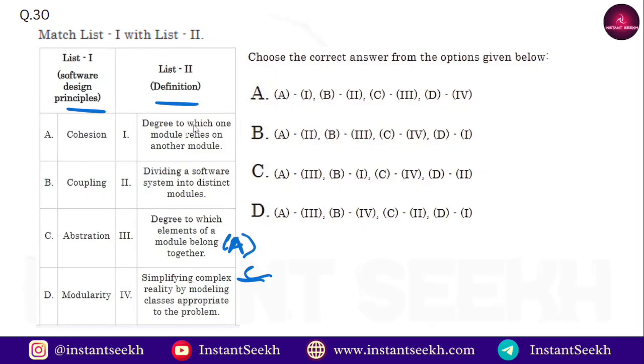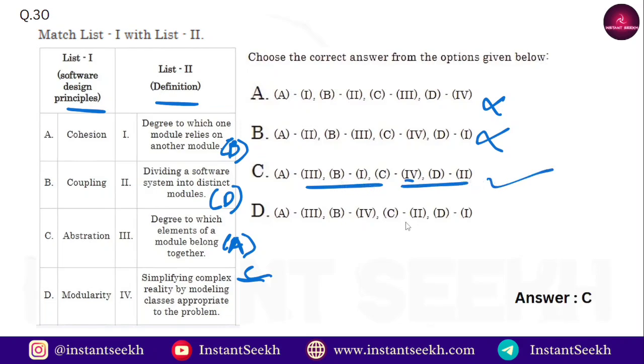Coupling is the degree to which a module relies on another module, so this goes for option D. Next, modularity: dividing a software system into distinct modules is known as modularity. B goes for first. These two get eliminated straight away, so this is your correct pattern. Option C is the right answer for this question.